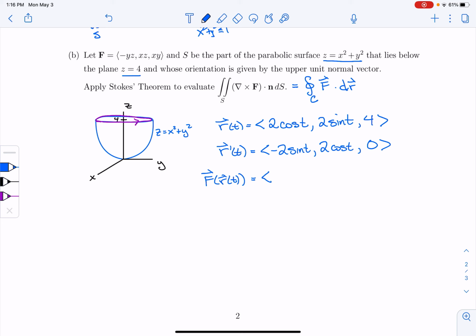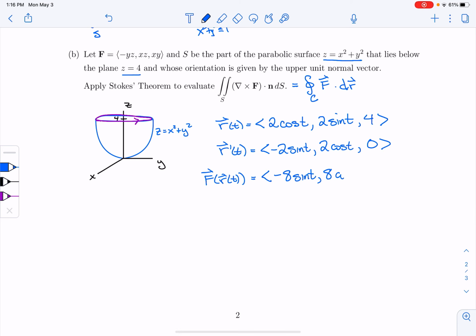So that's going to be negative, y is 2 sine t, and then z is 4, so negative 8 sine t. And then xz, so that's 2 cosine t times 4, so that's 8 cosine t. And then xy, which is 4 cosine t sine t. So that's f of r of t.